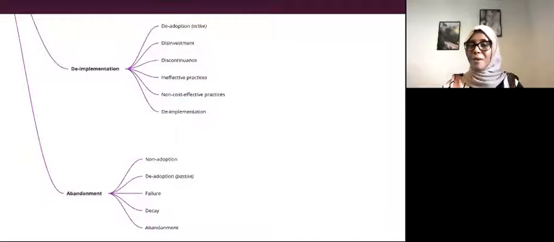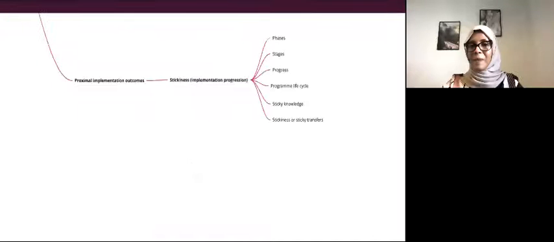And the third and fourth domains of implementation that we identified are de-implementation and abandonment. One of the main conceptual differences between these two concepts is that de-implementation is viewed as something that is active, something that is a desired endpoint, whereas abandonment is associated with a passive process.